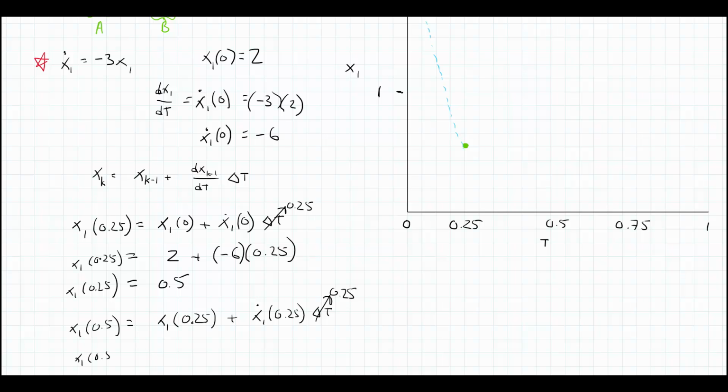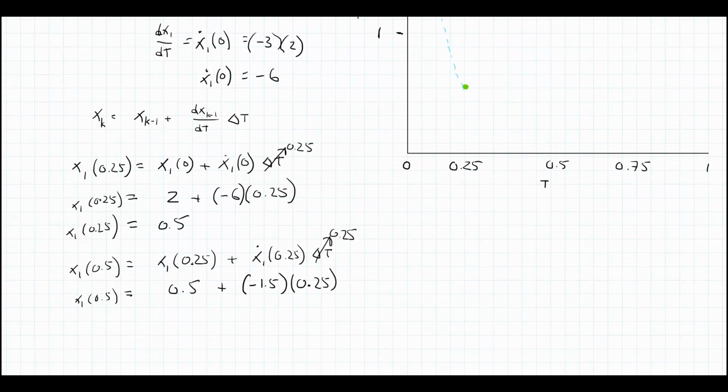So x1 of 0.5 equals the value I just had, 0.5, plus x dot of 0.25. Well, how do we calculate that? x1 dot equals -3 times x1. So I use my previous x, which is 0.5, so this will be -3 times 0.5, which is -1.5, times 0.25. And going through with that calculation, that comes out to 0.125.